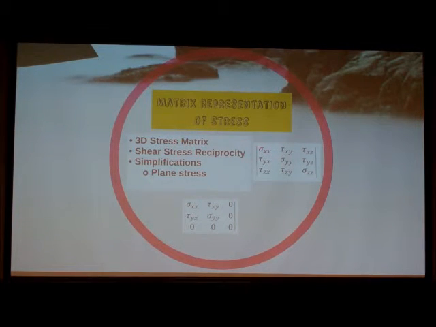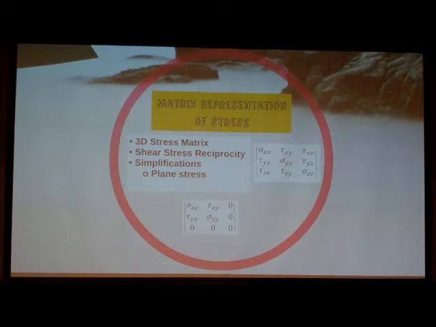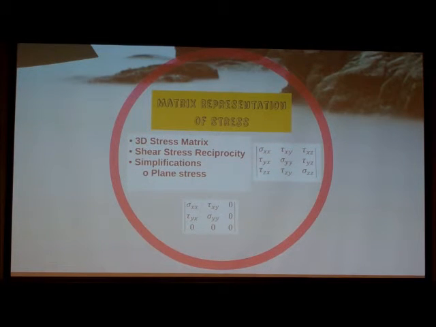So the XX, YY, and ZZ normals are going to act along there. Here we have the shear stresses, and you can see that these two are reciprocals of one another. So we have shear reciprocity: tau xy is equal to tau yx. So we're going to set it up like that, with all the x's, y's, and z's there.